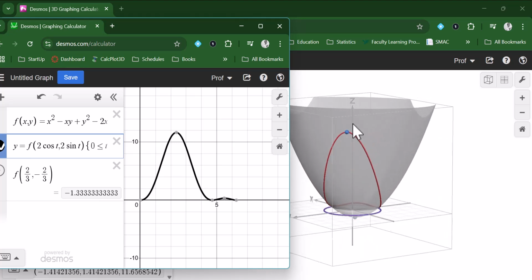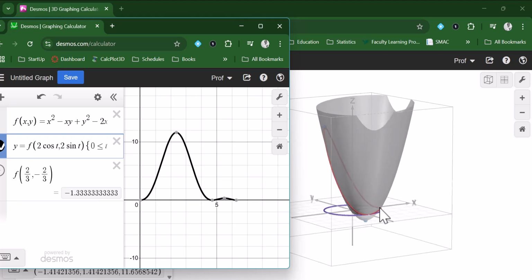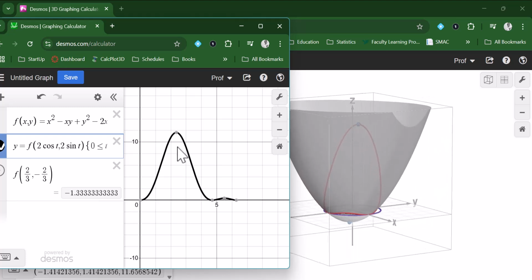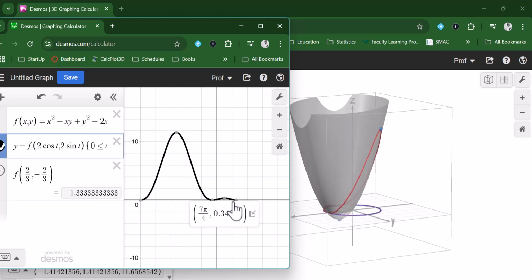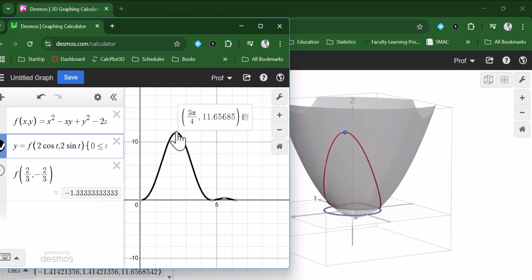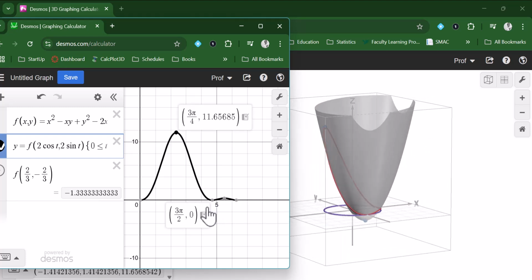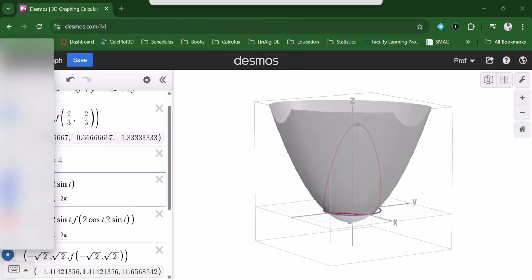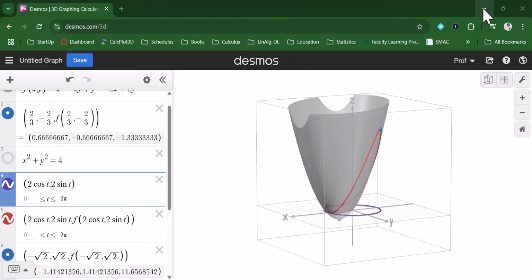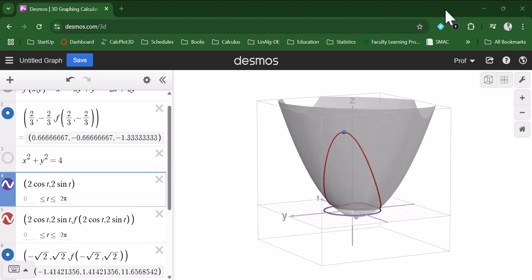So it's looking at this 3-dimensional curve that's going around in a circle and looking at it as if it was flat, in 2-dimensional land, and then finding out our max and our min values. Okay, so that's it. That's the picture, and I hope that helps, and good luck.